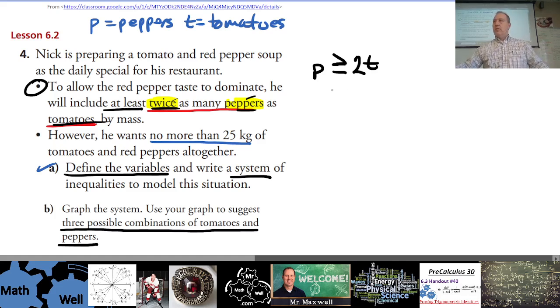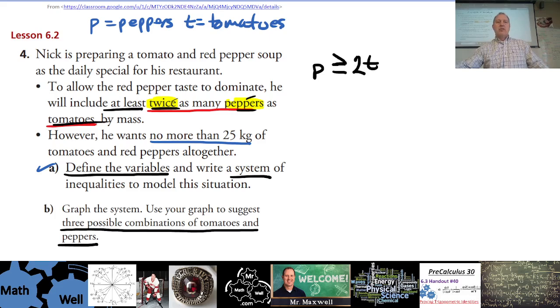Or is there a problem there? Let's read it one more time. So the peppers, at least twice as many peppers by mass as tomatoes. So the peppers are going to be greater than or equal to 2 times the tomato mass. Look, that's awesome. That means the pepper mass is greater than the tomatoes because we've doubled the smaller mass. You see? It's another way to think of it. You double the smaller one.